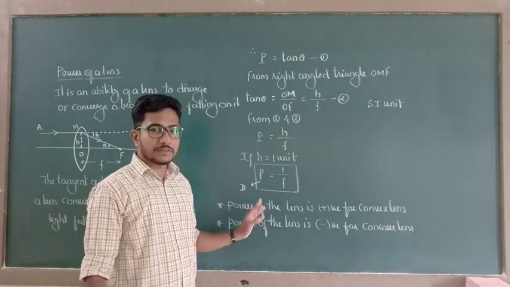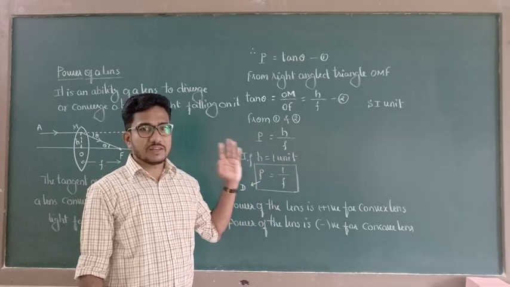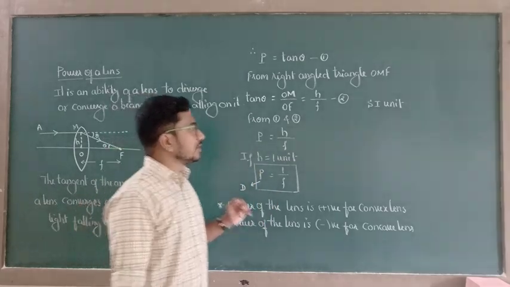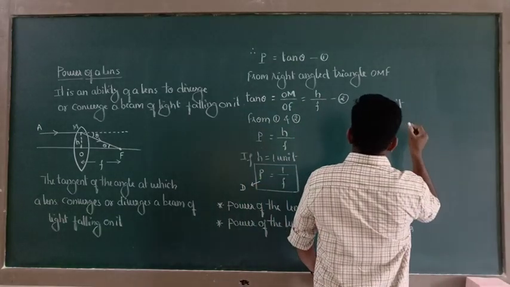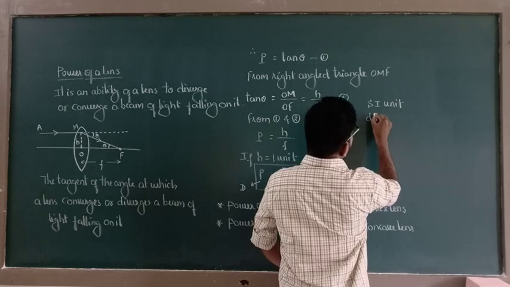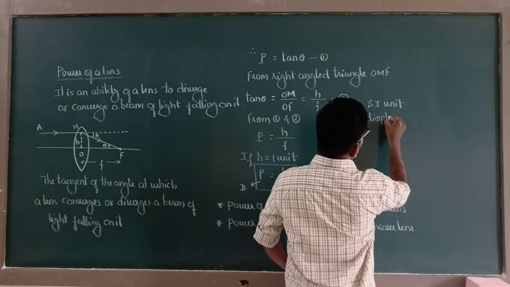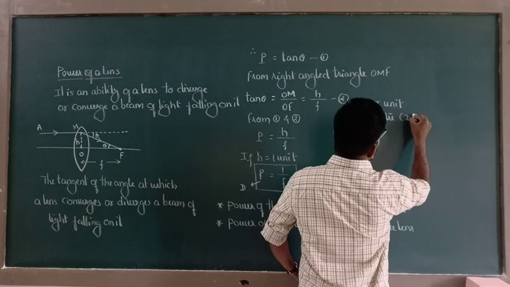Sometimes in your examination they ask to define the SI unit of power of the lens. So here SI unit of power of the lens is diopter, or symbolically we can write capital D.